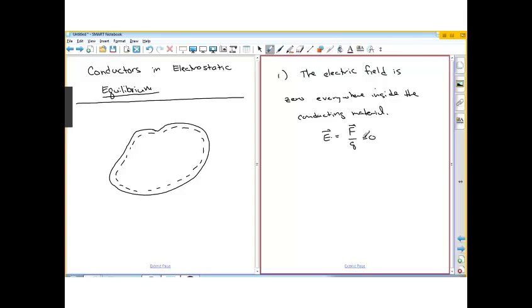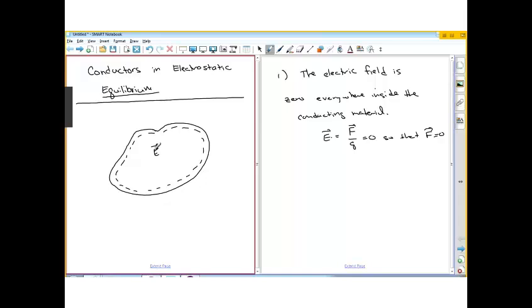So this has to equal 0 so that the force is equal to 0. If you go back to mechanics, equilibrium is when the sum of the forces equals 0. So that's the requirement. If this is a solid conductor, the electric field at any point is equal to 0 inside.